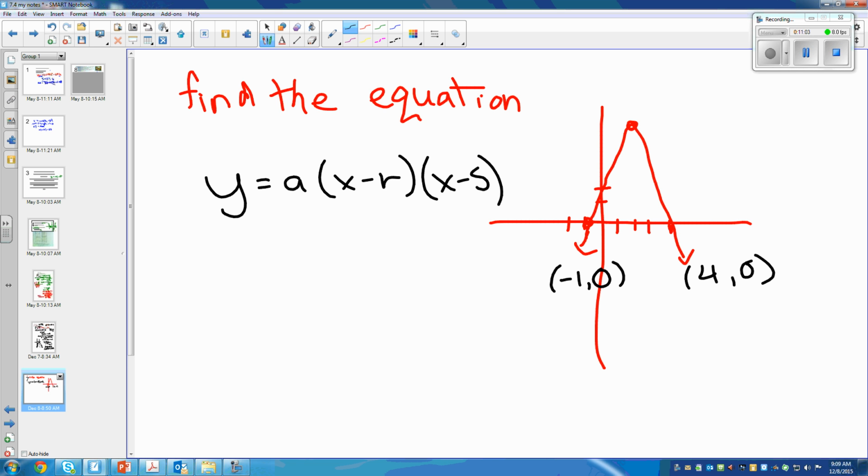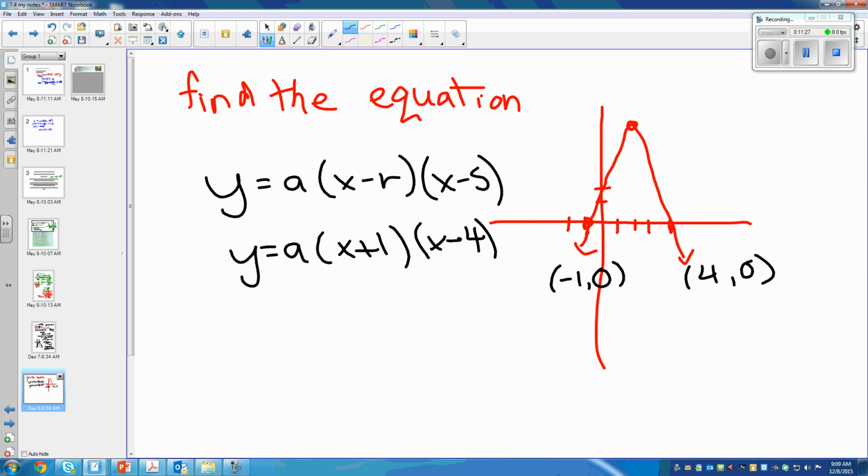So if I plug them in, I get y is equal to a x minus negative 1, which turns into plus 1, and x minus 4, which is just x minus 4. Woohoo! Am I done? No.